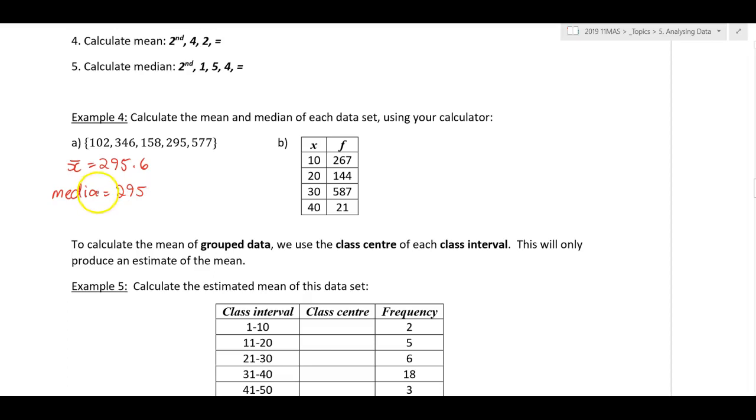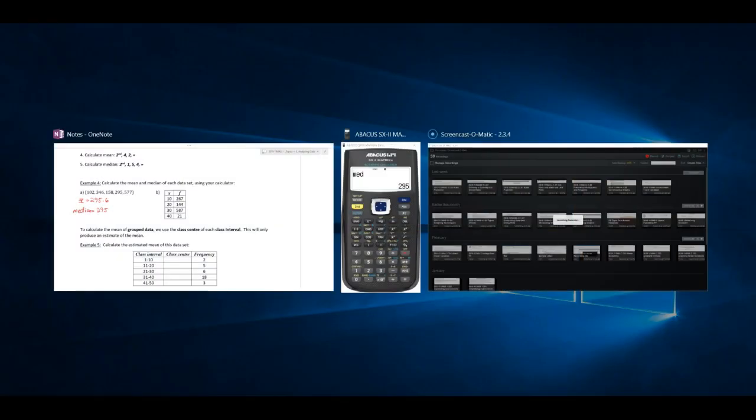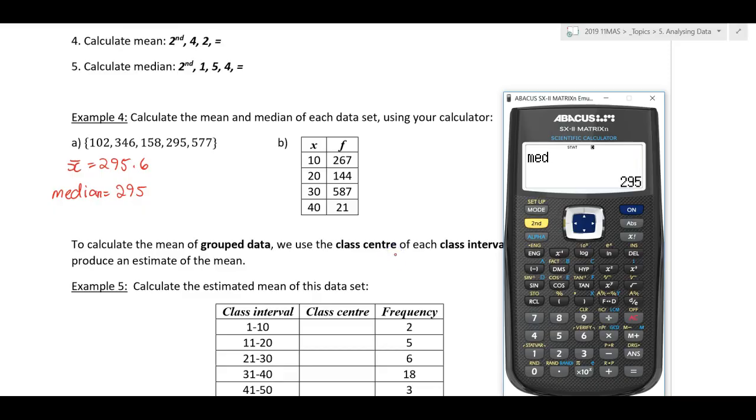So that's using the calculator for, honestly, a small data set. Maybe that's not the most efficient way to do things. Good practice though. Now, to do the next one, as I said, there are hundreds of scores there. I don't want to type 10 in 267 times. Right, I'm going to use a frequency column. I'm going to reset the calculator again. Second function, 9, 3, equals, AC. Now I put it back into stat mode, and option 1 there.